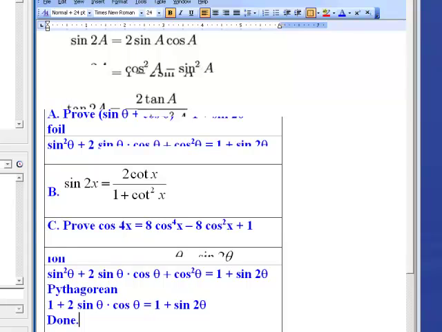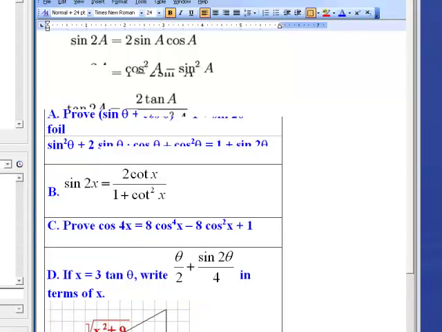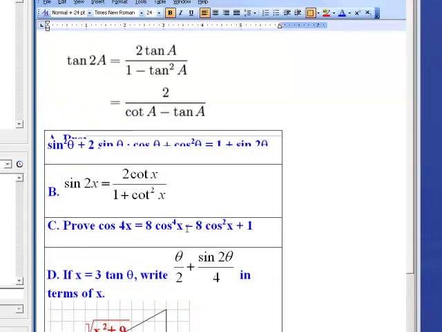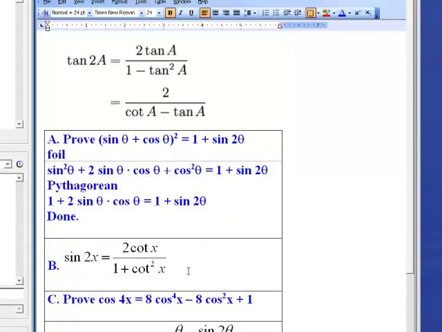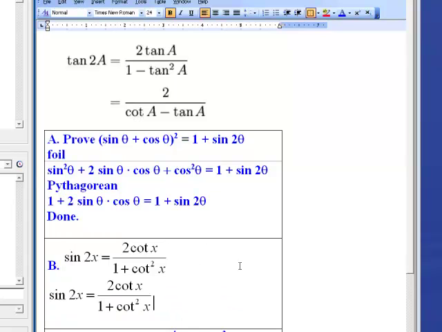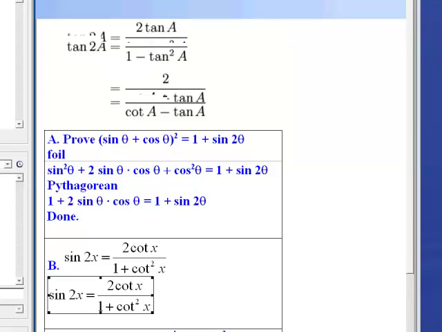Show that sine 2x tangent x is the same as 2 cotangent x over 1 plus cotangent squared x. I'm going to operate with the more complicated side.